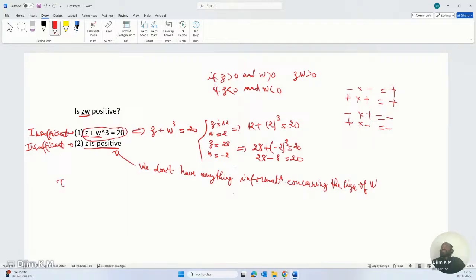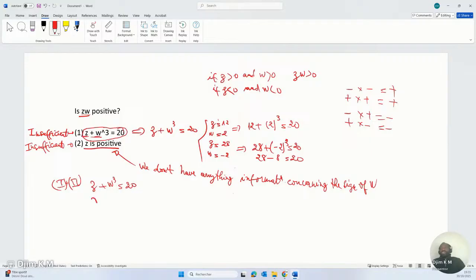If we take condition 1 and condition 2, so here we have z plus w to the power 3 is equal to 20. So we know that z is positive.